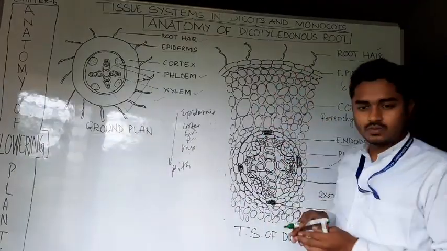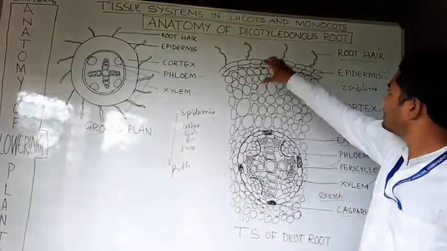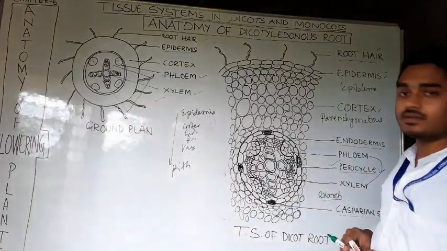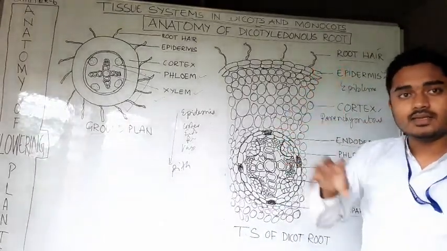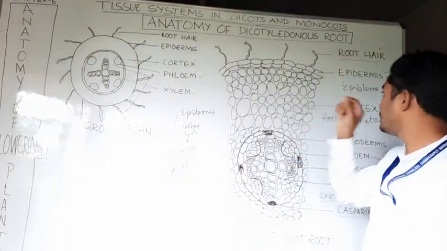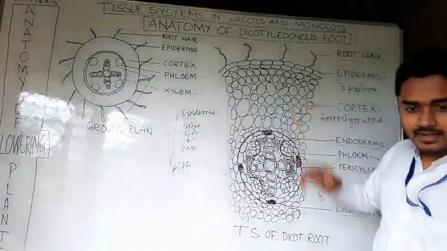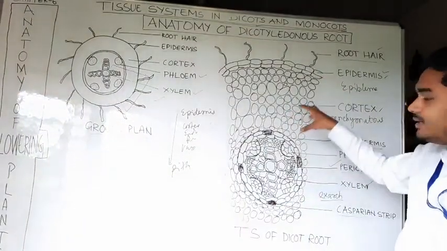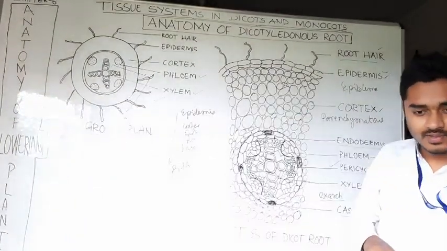So in a dicot root, we will see the epidermis is the outermost layer, and the epidermis contains numerous single-celled or unicellular root hairs. Cortex is parenchymatous and contains intercellular spaces.